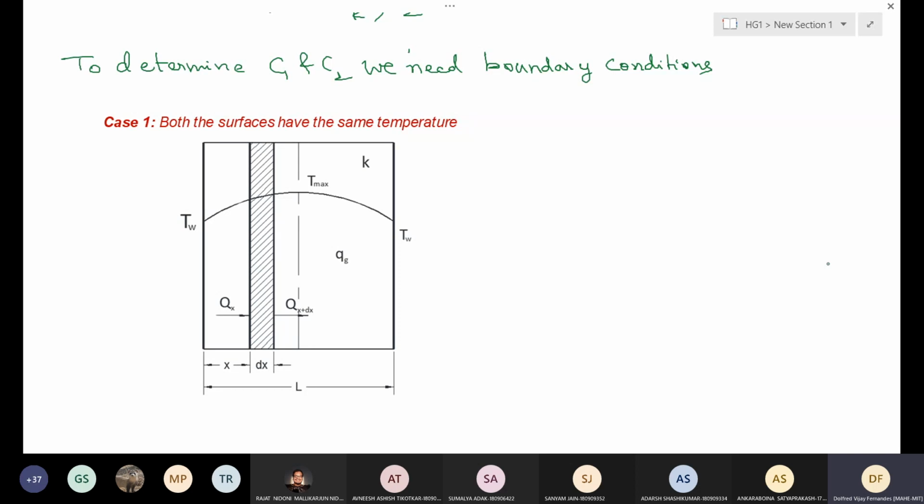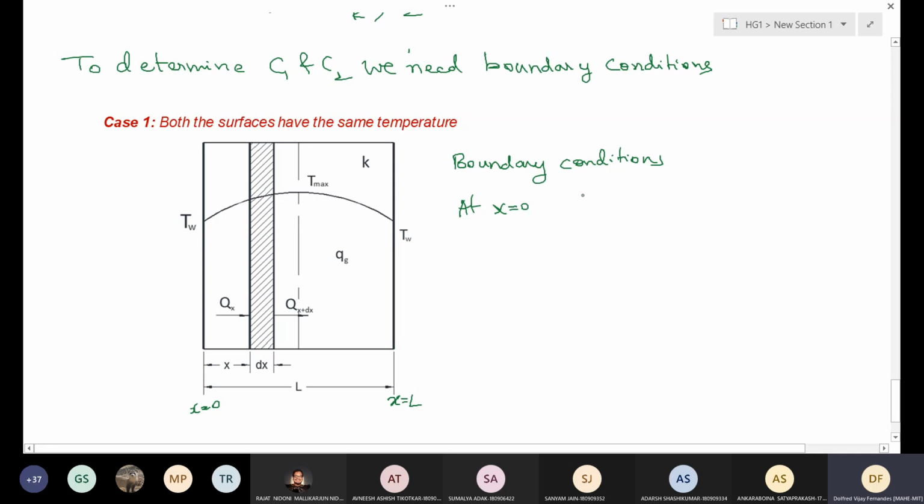Okay, so in that case, what is the temperature distribution in the wall? Let's calculate the C1 and C2 values. So for this case, the boundary conditions are: at x equal to 0, that is the left wall, and here x equal to L, the right wall.